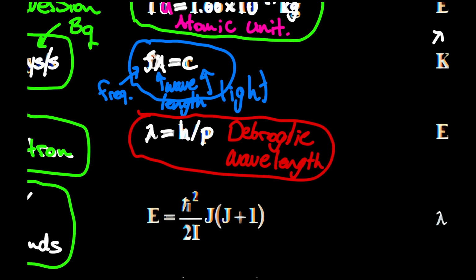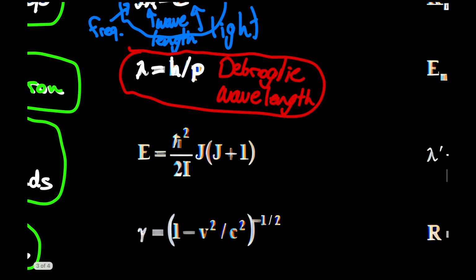So if you have an object with specific momentum, you can plug it into this equation and find what wavelength it has. This is important because in quantum mechanics, things can be both particles and waves. So sometimes they have a wavelength, which normally you don't talk about. Like in classical mechanics, they never tell you, we have a basketball with wavelength 5 meters.